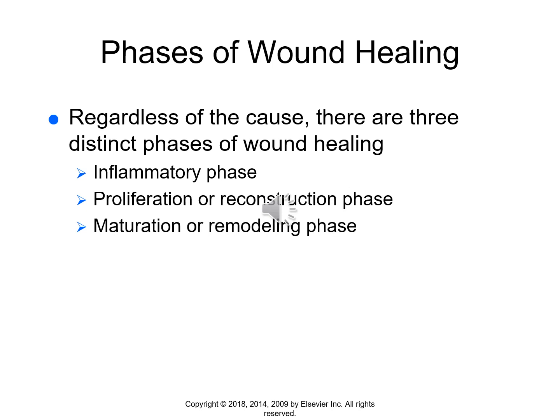The second phase will be your proliferation or the reconstruction phase, when the wound is actually reconstructing. It's going to start building up new tissue. And then your third phase will be your maturation or your remodeling phase, when the skin is actually remodeling or building itself back up.